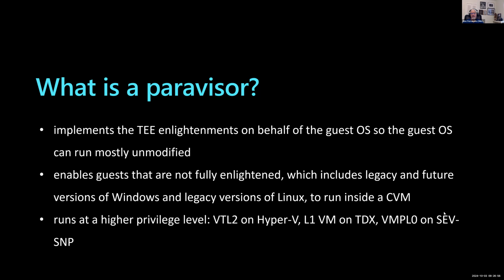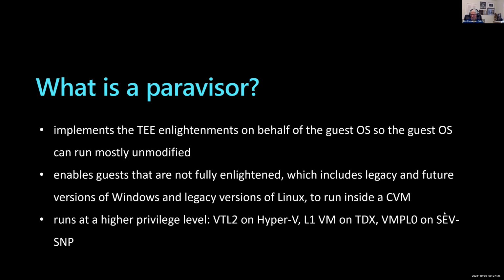When you say enlightenments, you're speaking specifically about instructions that a guest OS would expect the machine to support, like TDX hardware or SEV-SNP hardware, but that the hypervisor doesn't support. And so the paravisor has to intervene to do work so that the guest OS doesn't have to trust the hypervisor to do those confidential things.